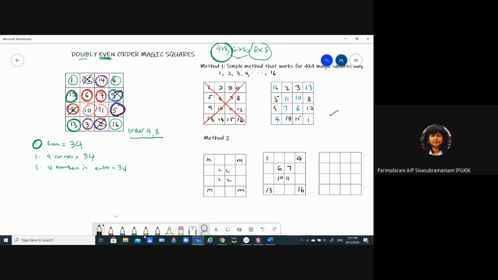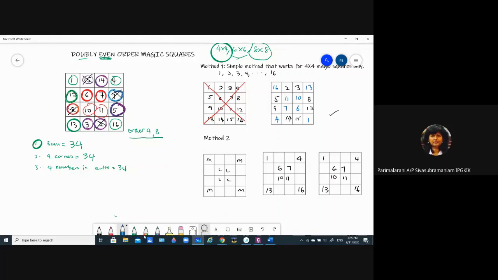Now we start from the top left and we count backwards from 16, and we only fill in the blank cells. Let me put this down here first, so it's easier for you to understand. We already have these numbers. Now we're going to count from 16. We're not going to write here because there's already a number here.